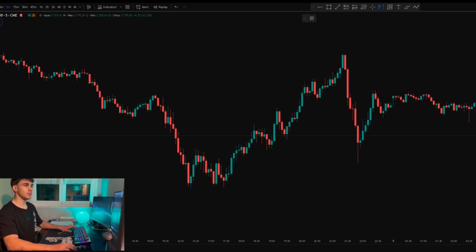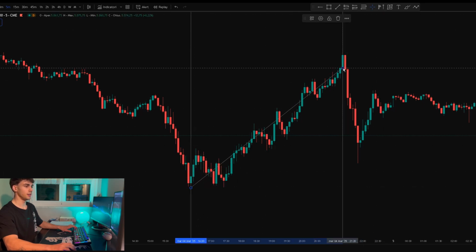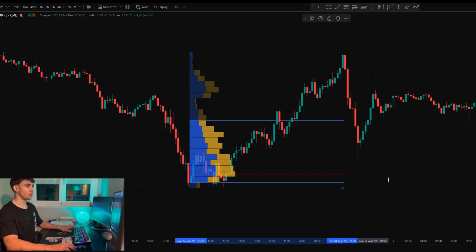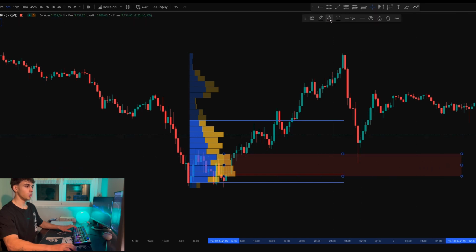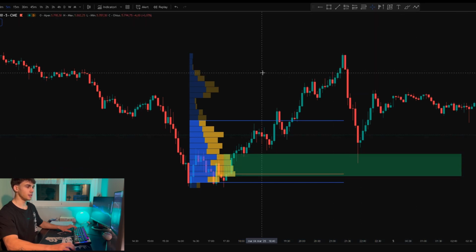So what you wanna do instead is take the volume profile, start from the bottom of the move to the very top, and here it is. Here you have your volume profile, you have your value area, and as you can see, this is the part where the most volume developed, where the most buyers got in.